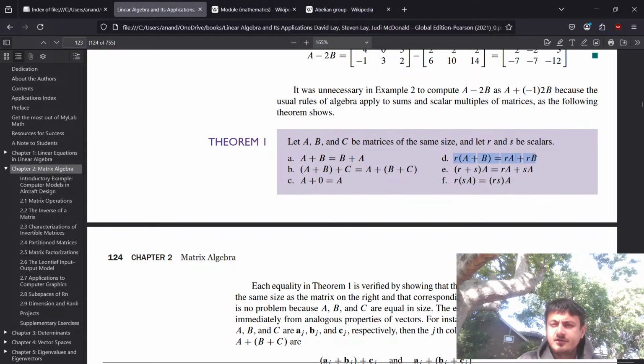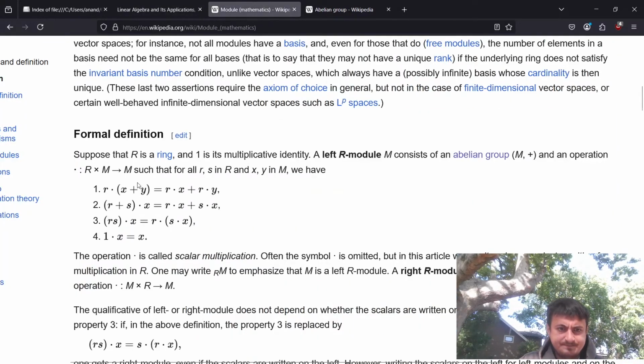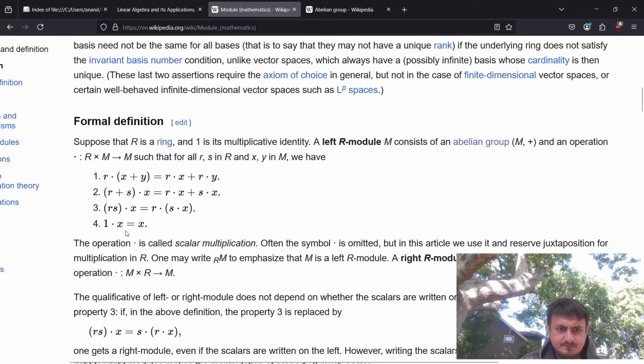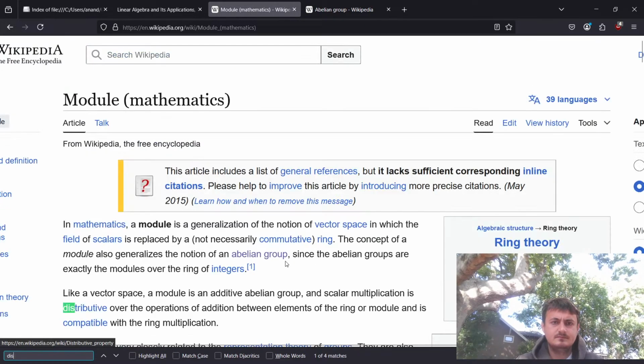They call this distributivity, right? Yeah.